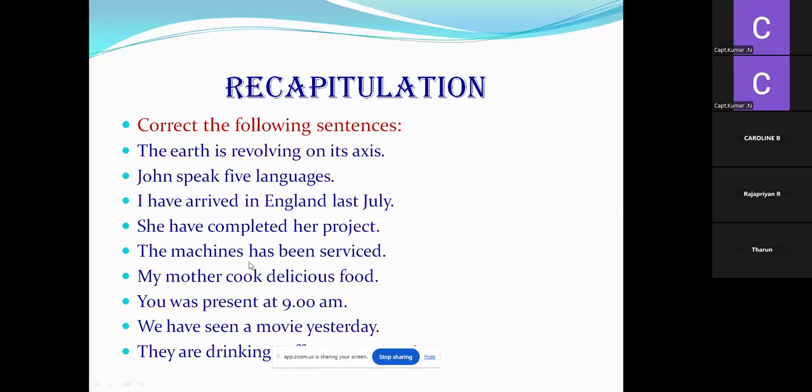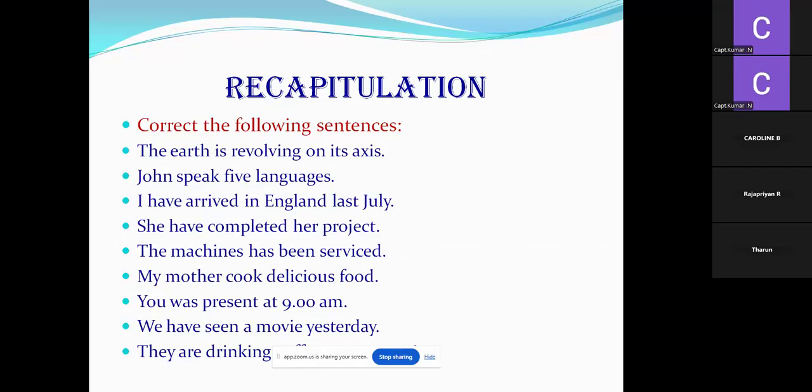Next one. The machines has been serviced. Could you identify the error? Again, the sentence talks about a past activity. Also, the verb you can see, what is given? Has been serviced. What about the subject? The machines.